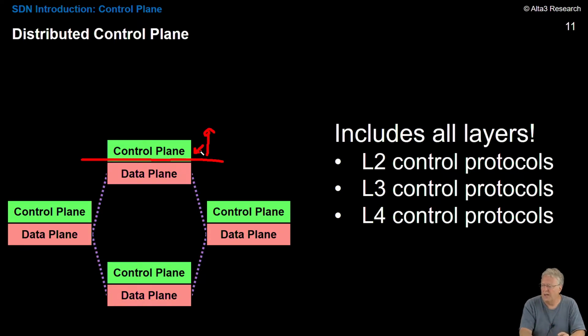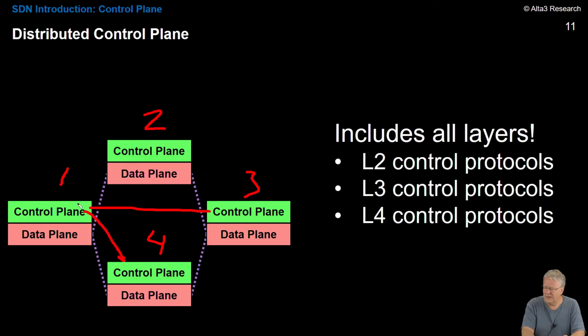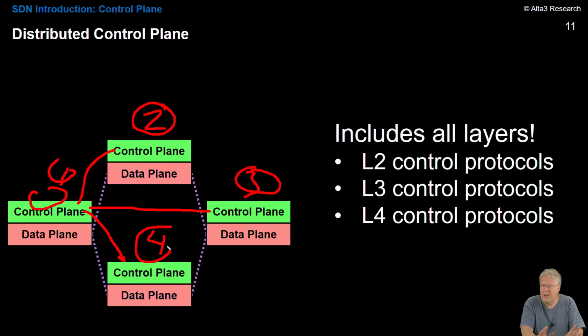And here's why. Right here we see 4 separate control planes. Each one of these control planes is thinking on its own. It makes up its own mind based on what it feels like. And hopefully, if the protocols are done perfectly, and quite frankly, it took many years to get the protocols perfected to the point that the conclusions which control plane number 1 creates actually work in harmony with the conclusions of number 2 and number 3 and number 4, because they don't have to.